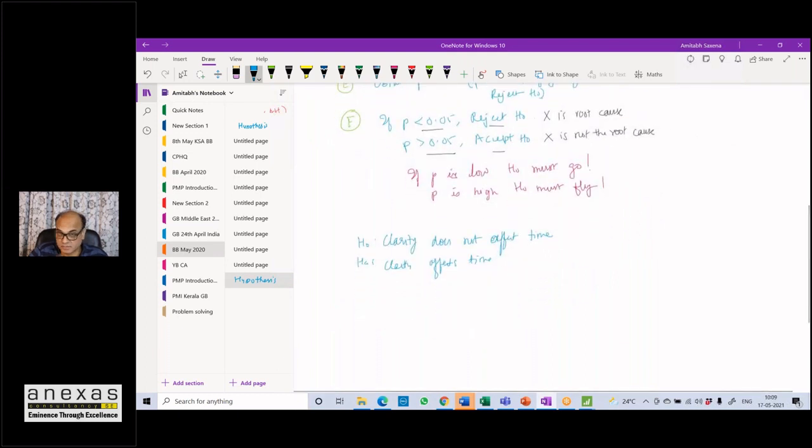Because it's an attribute and continuous combination, I can also write the null and alternative like this: mean procurement time when the requirements are clear is equal to when the requirements are unclear, and the alternative is when the requirements are clear, the time taken is less as compared to when it is unclear.